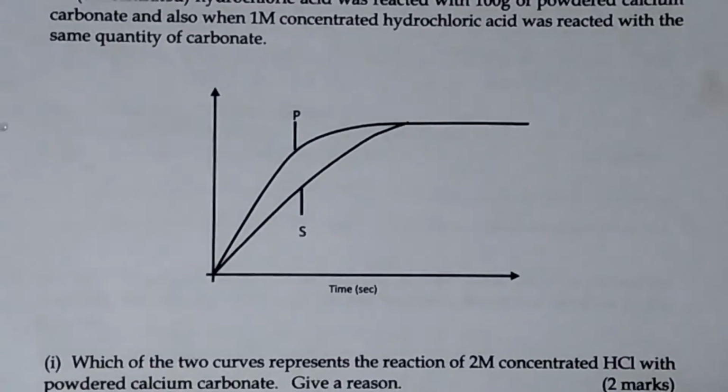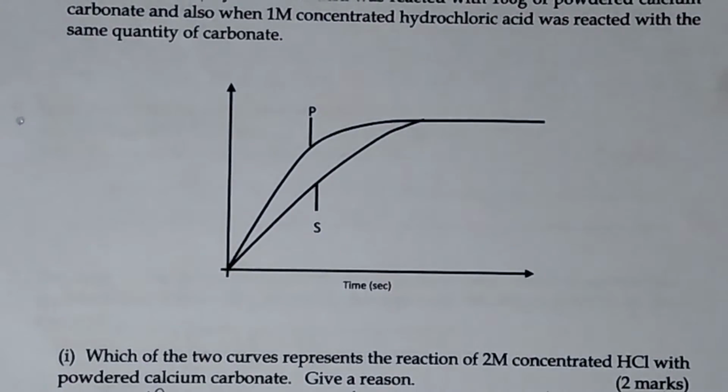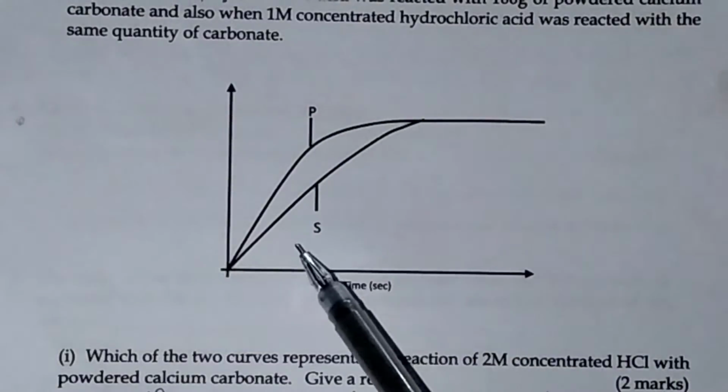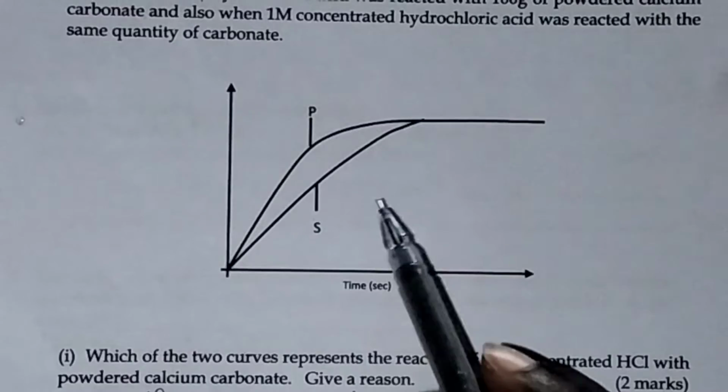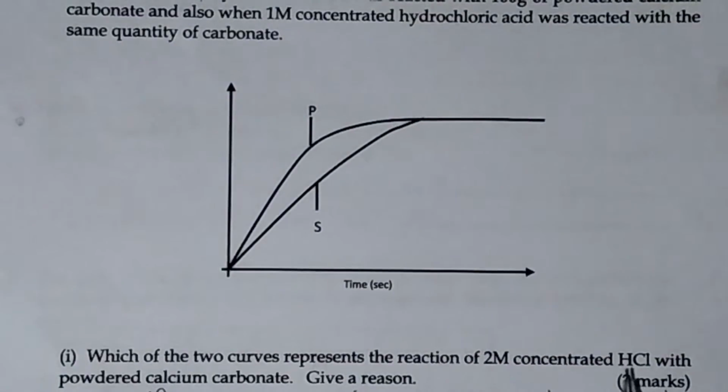In part 1, we are asked which of the 2 curves represents the reaction of 2 molar hydrochloric acid with the powdered calcium carbonate. Give a reason. We have 2 curves here, curve B and curve S. One was with the 2 molar hydrochloric acid and the other with 1 molar hydrochloric acid.